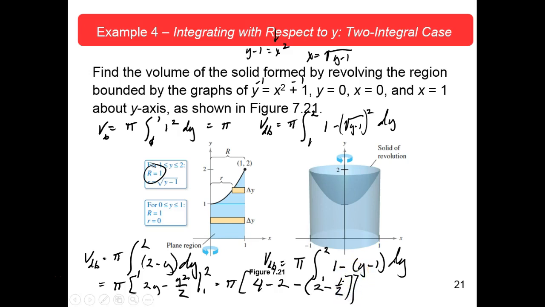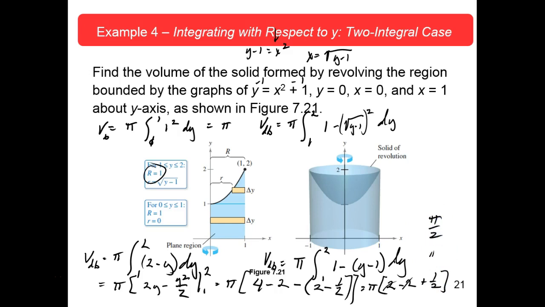I'm running out of room rapidly, so let me see if I can write this out. Pi times 4 minus 2 is 2, minus 2. That's interesting, isn't it? And then minus a minus 1/2 is plus 1/2. So I get pi over 2.